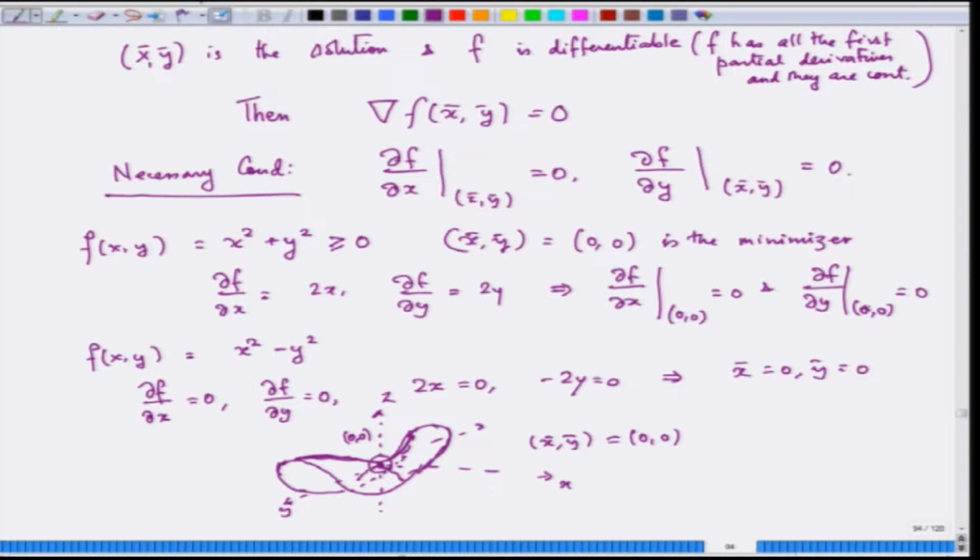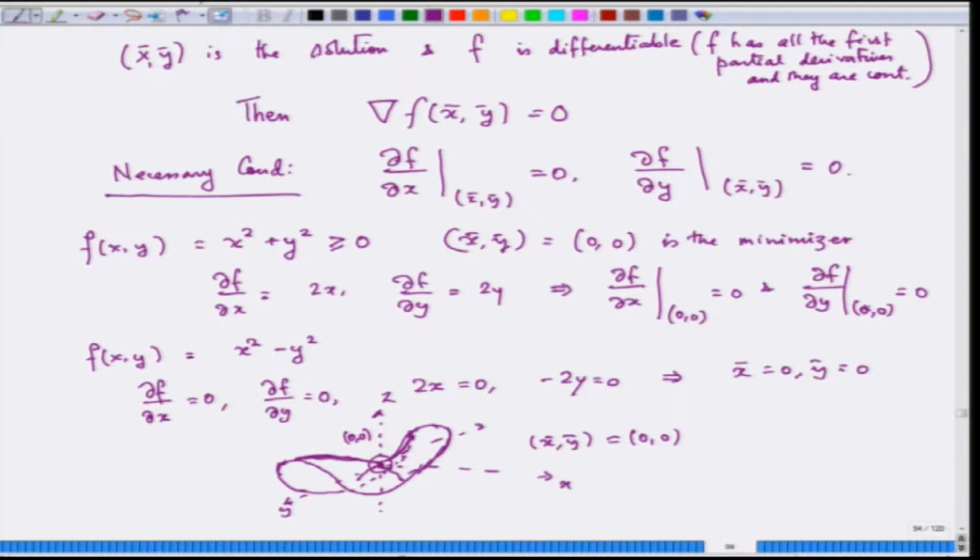It is of this form and it is getting maximized at 0. So, a saddle point in optimization is always said to be a point where, when you fix the x value, it is maximized along y, and if you fix the y value, it is minimized along x. Okay. So, this is a very crucial point.